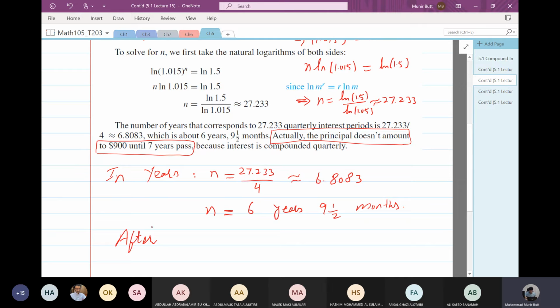This is what I want to say. Since the data is given annually, in principle there will be 7 years.